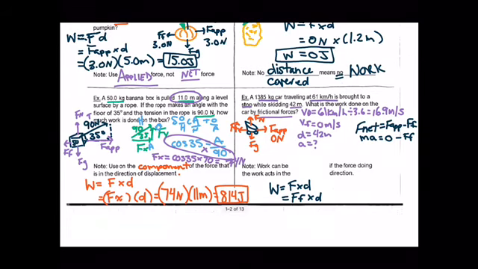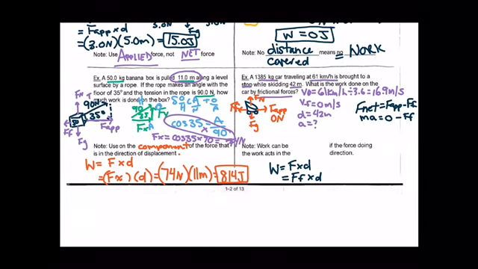So we actually have to find acceleration in order to find that force of friction. So I'm going to use this information here to find the acceleration with our initial velocity, final velocity, and distance using that formula.